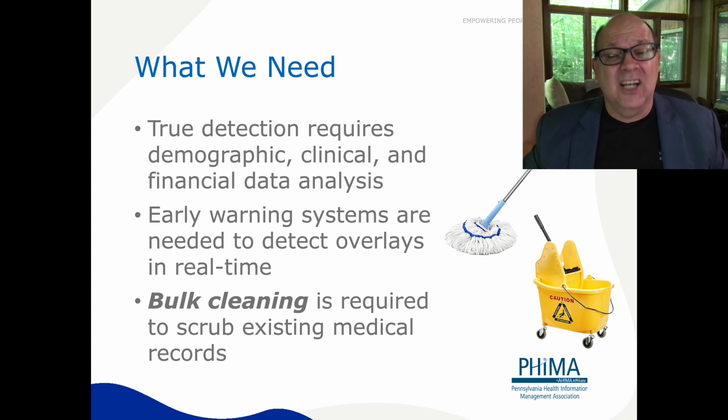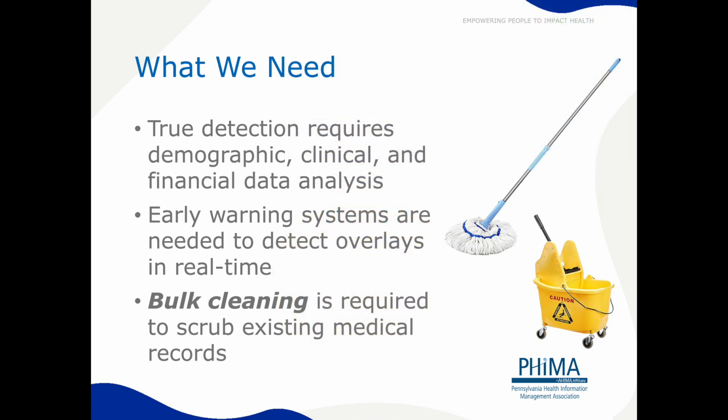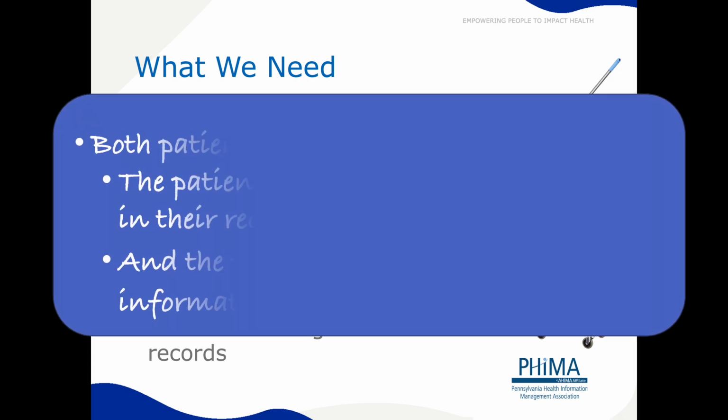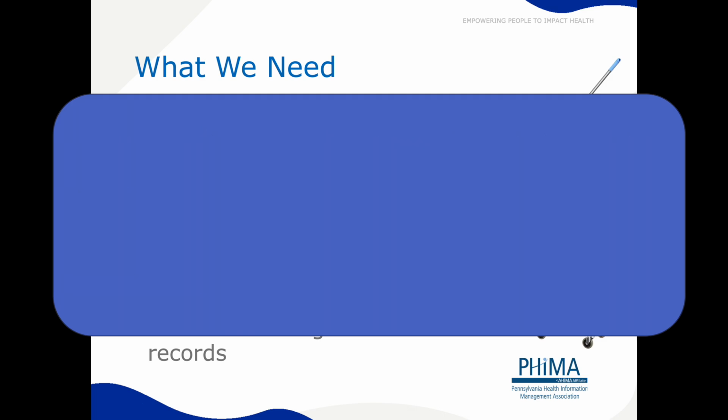I've collected dozens of anecdotes about overlay data in the real world, and one was particularly interesting where a Navy corpsman was missing information for his Purple Heart. Turned out it was in another retired serviceman's record that was an overlay. So these missing data elements have impact for both patients, the one who has extra information and the one who is missing it as well.